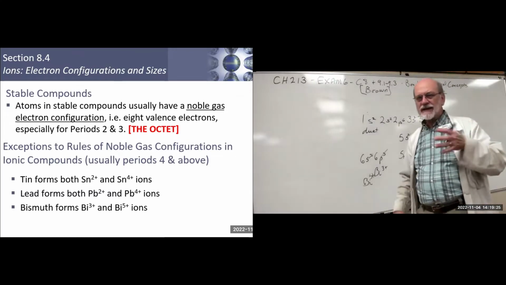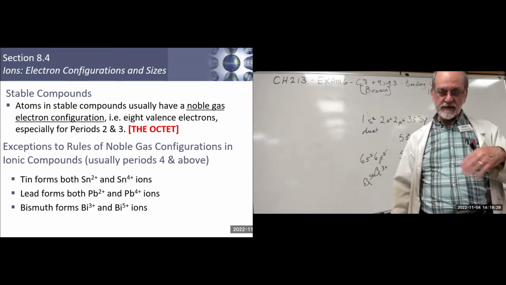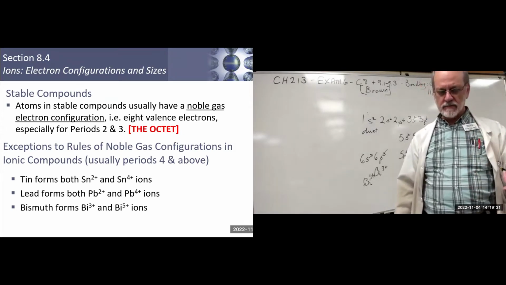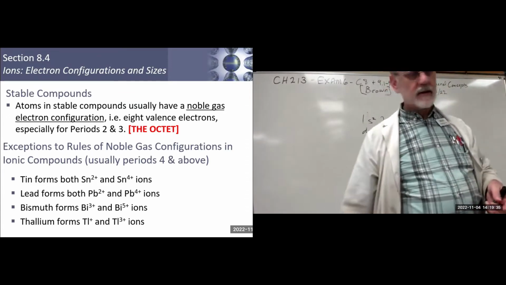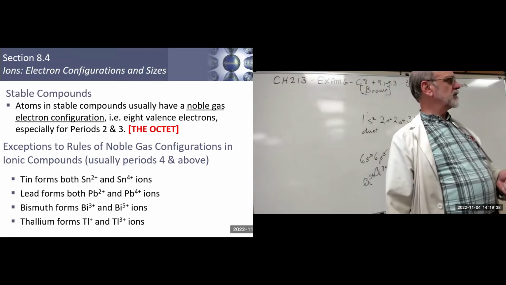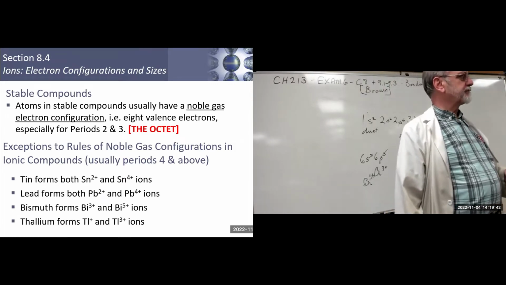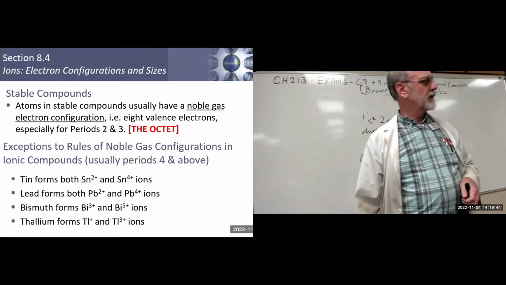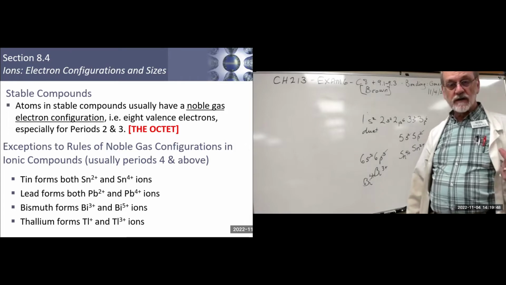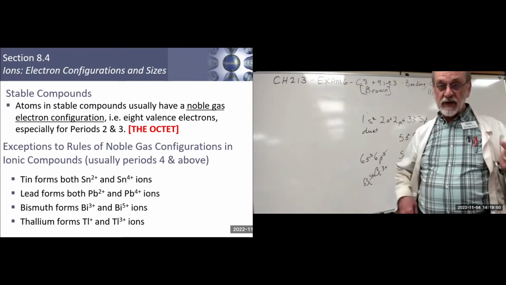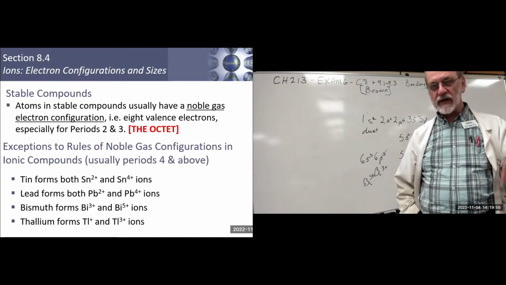So the octet kind of falls apart when you get down into the 4th, 5th, 6th, and below periods. I think there's one more. Yeah. That's thallium. Excuse me. Tl is thallium. And it's only got 1 p electron. So it could be a +1. And it has 2 s's, so lose all 3 of them, you get a 3+.